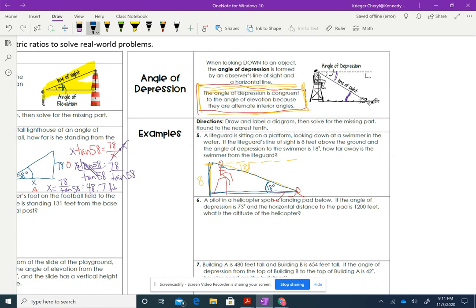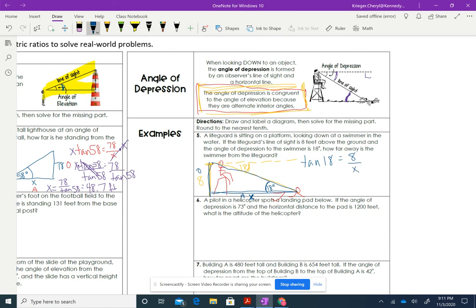Okay, so we're trying to find the horizontal distance. That's the x. Okay, and we are given the opposite and the adjacent. So we're going to use tangent. Tangent of my angle, 18, is equal to opposite, 8 over adjacent, x.